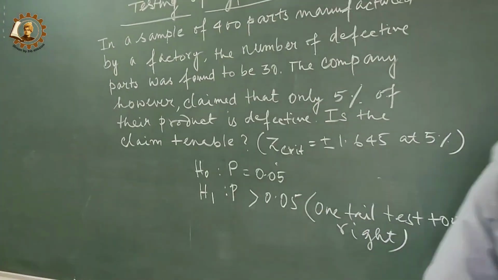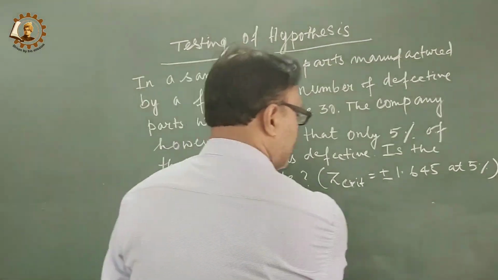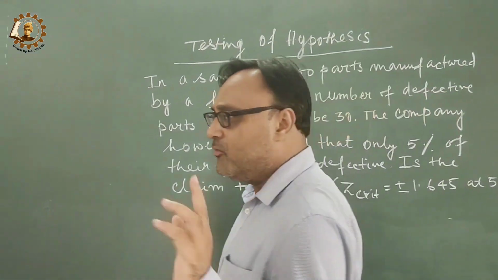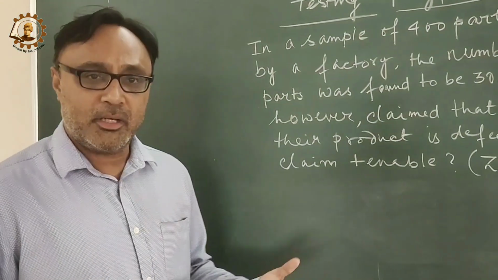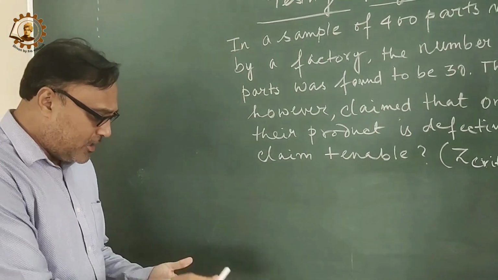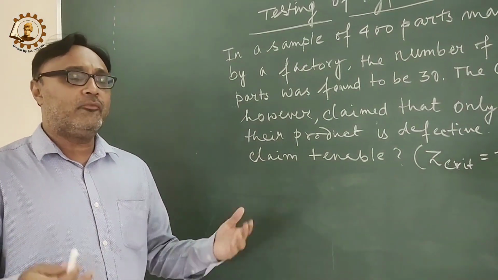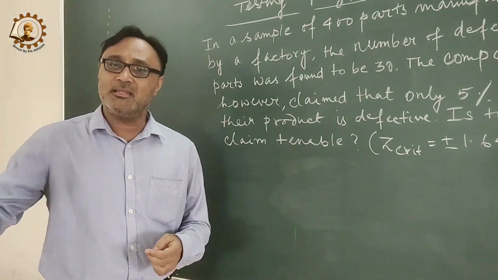Next, in order to test the hypothesis, we can use two types of tests. One is called the parametric test, one is called the non-parametric test. Now, in case of parametric test, it is assumed that the sample that we are drawing is coming from a normal population or the distribution of the population is defined.